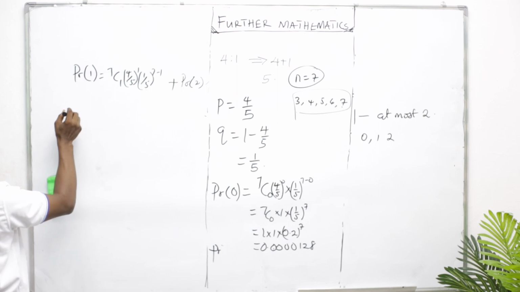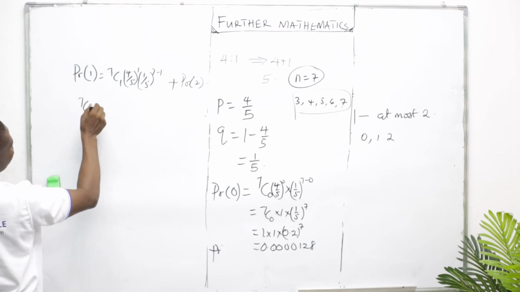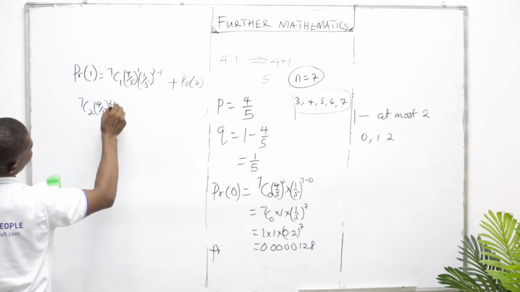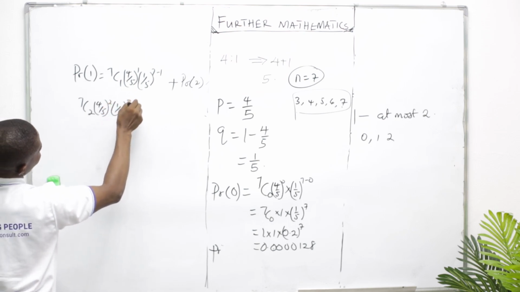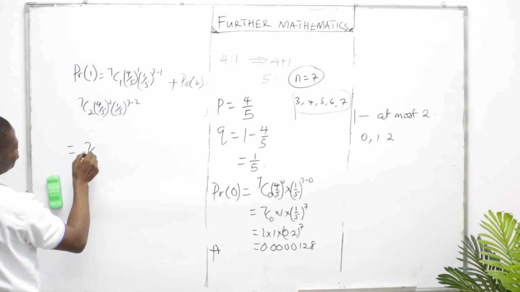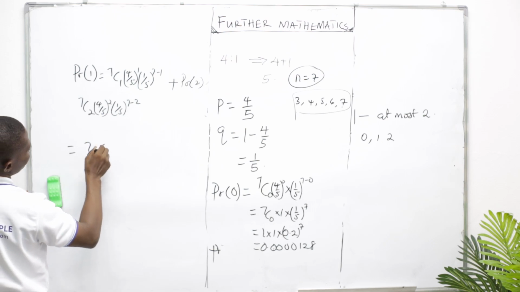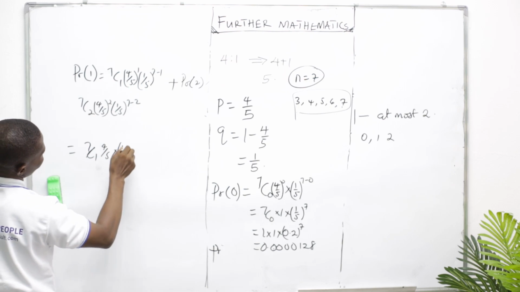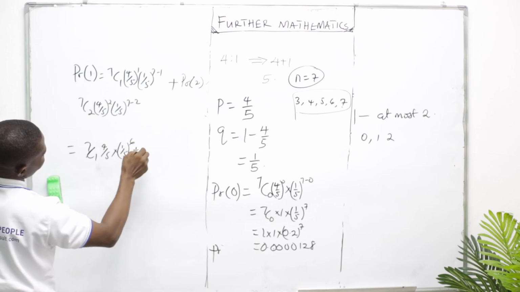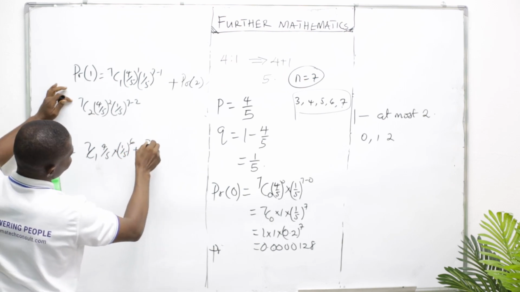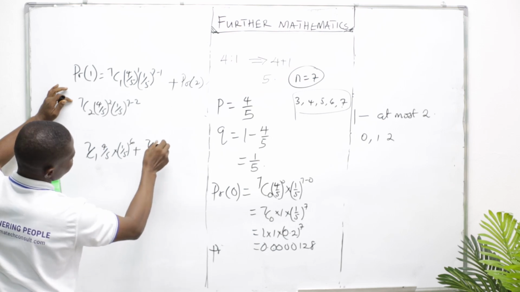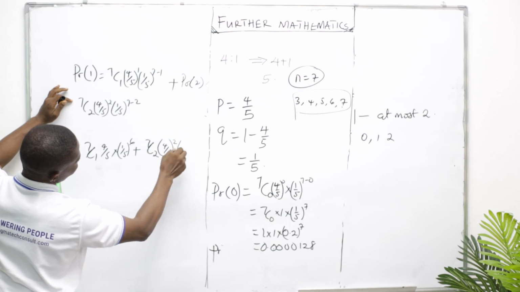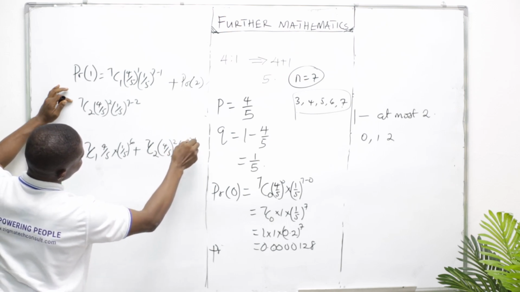So what's Pr of 2? 7 combination 2, 4 over 5 power 2, 1 over 5 power 7 minus 2. This will give us 7 combination 1, 4 over 5 times 1 over 5 power 6, plus 7 combination 2, 4 over 5 squared, 0.2 raised to power 5.